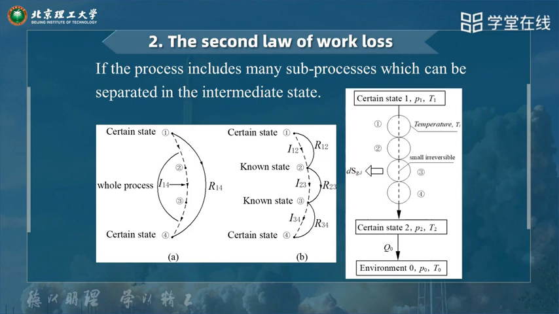However, in this larger process include some sub-processes. For example, 1, 2, 3, 4 include 4 sub-processes. Certainly, these sub-processes can be separated in the intermediate state. In this case, we can calculate the work loss.